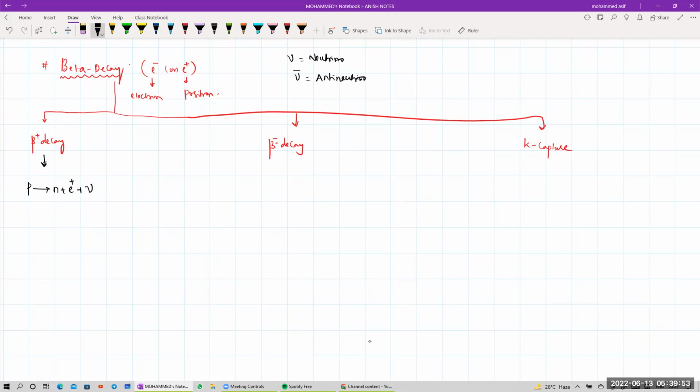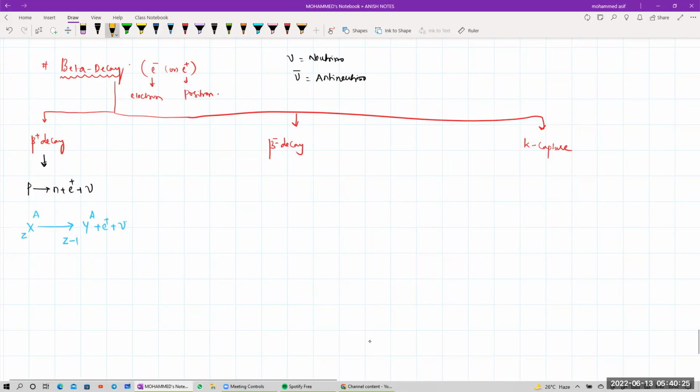So in beta plus, a proton disintegrates into a neutron with emission of a positron and a neutrino. In terms of the reaction, this is X with Z and A, some nucleus, disintegrating into the daughter nucleus whose atomic number decreases by 1, mass number remains the same, plus e plus plus nu.